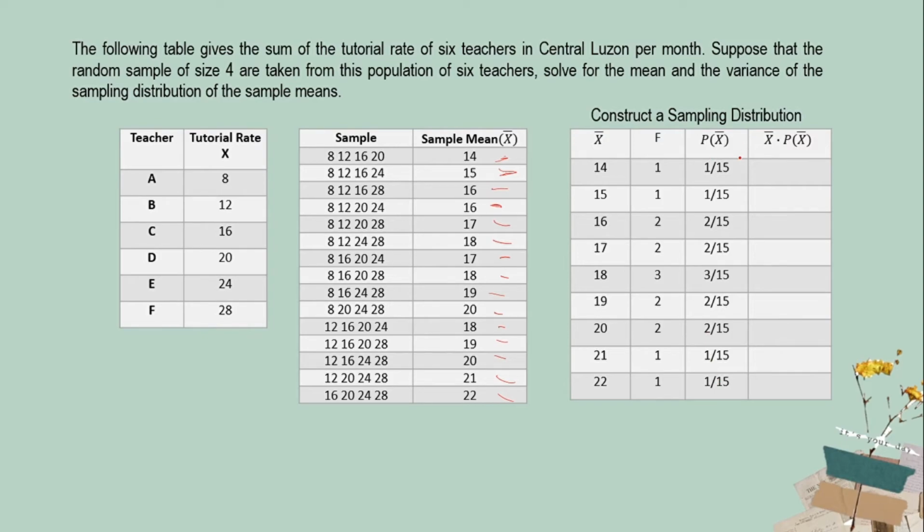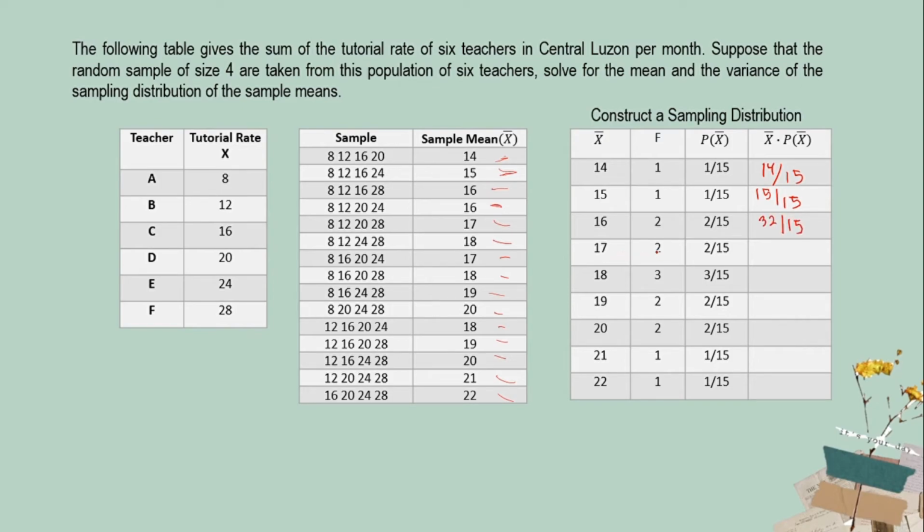Now we're going to multiply the sample mean to the p of x, or the probability. So 14 times 1 over 15, that is 14 over 15. And 15 times 1 over 15 is 15 over 15, or 1. Then 16 times 2 over 15, that is 32 over 15.